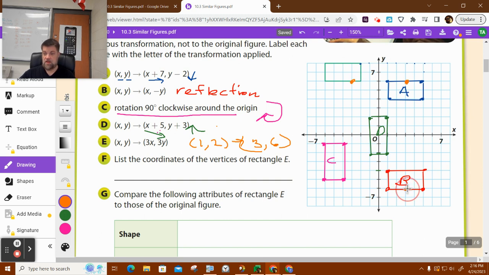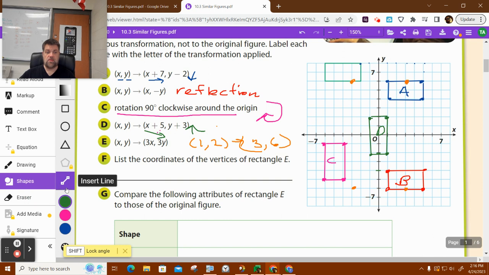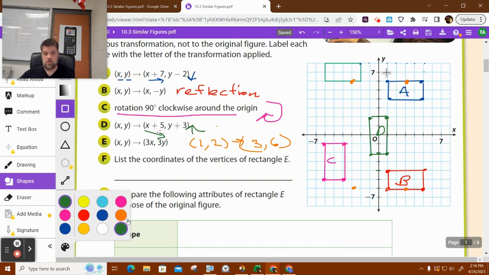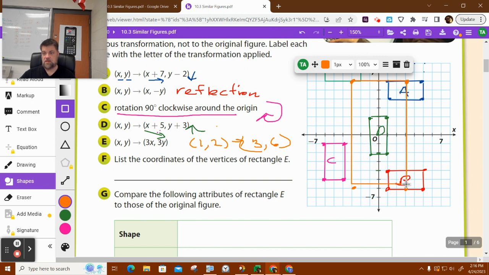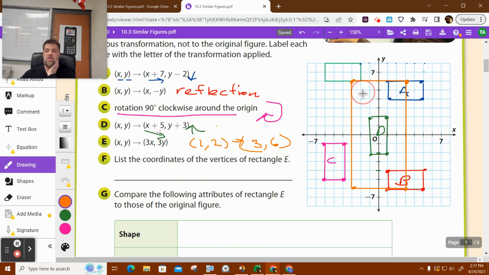I'll have one here, and then one right here. And so now I'm just going to draw the shape. Let's try this. Oh yeah, much better. So that whole thing in orange, that is the last transformation, E.